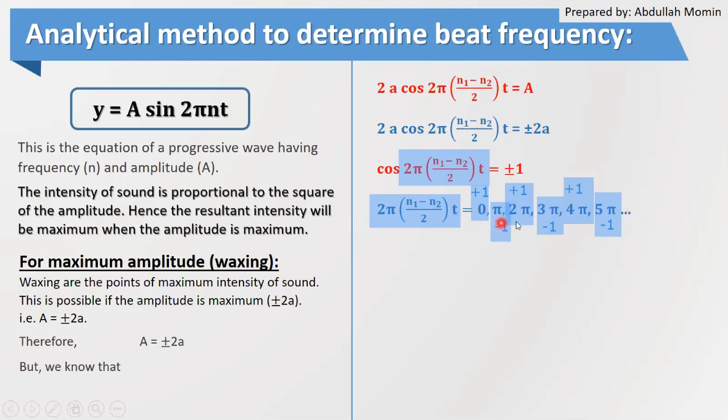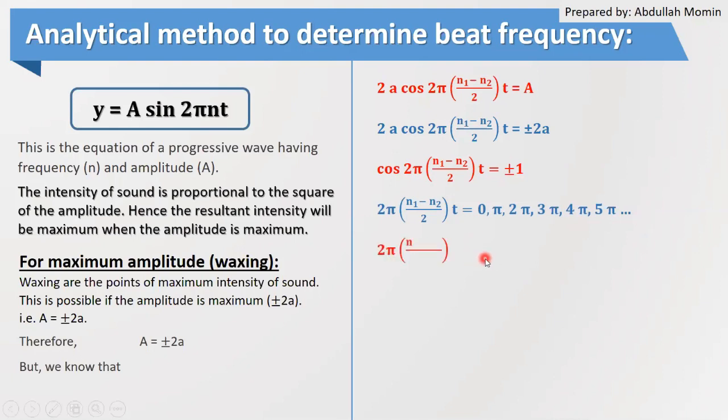So 0, π, 2π, 3π, 4π, 5π. The next terms will be 6π, 7π, 8π. So in general, we can write (2π(n1 − n2))/2 × t is equal to pπ, and the value of p we are going to start from 0.